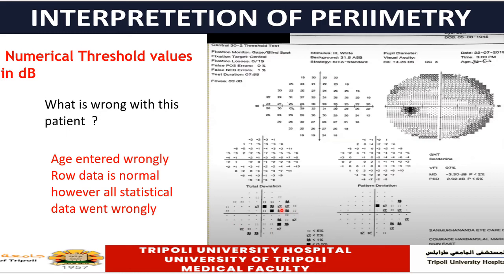So this is one of the important things you should keep in mind when you find normal raw data, the grayscale and the numerical data totally normal, however the probability plots for the total deviation or the pattern deviation are abnormal: think of a mistaken placement of the age of the patient.